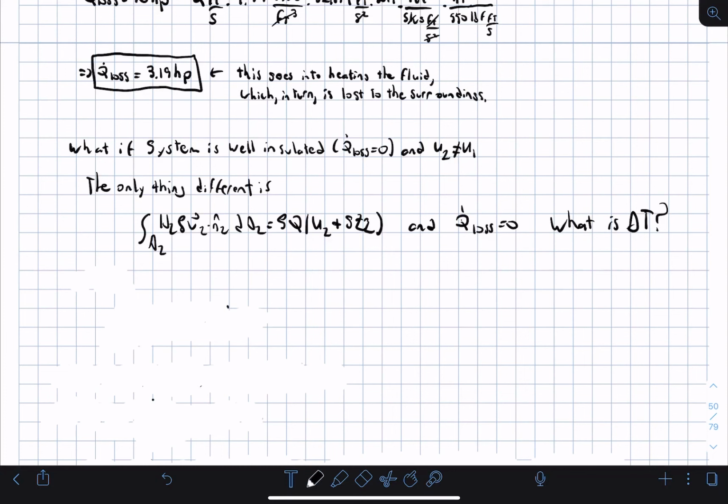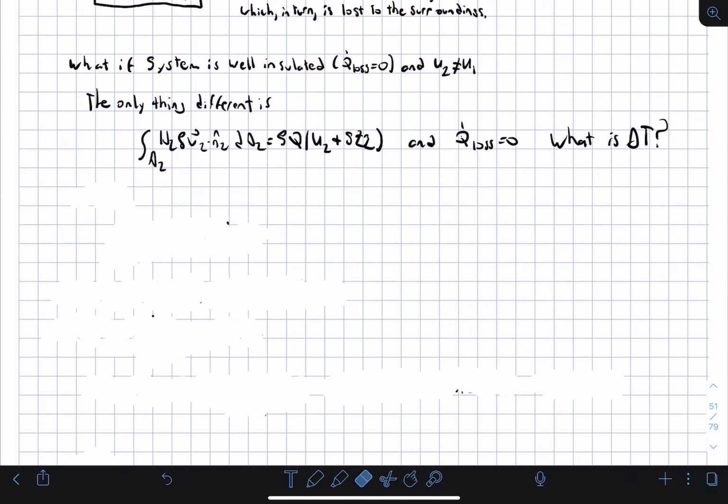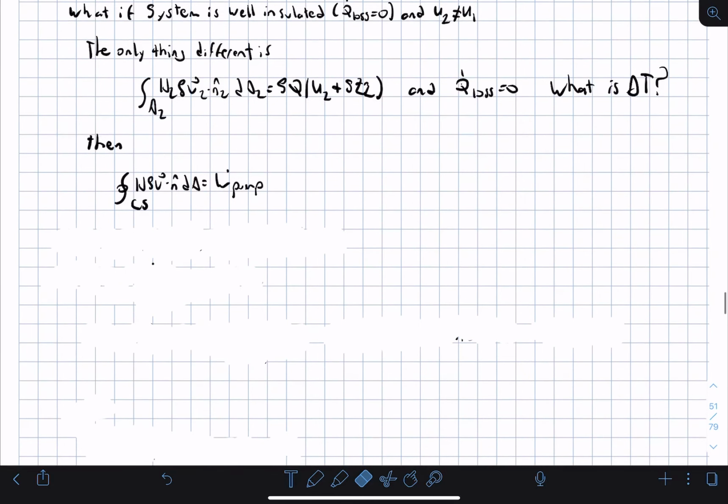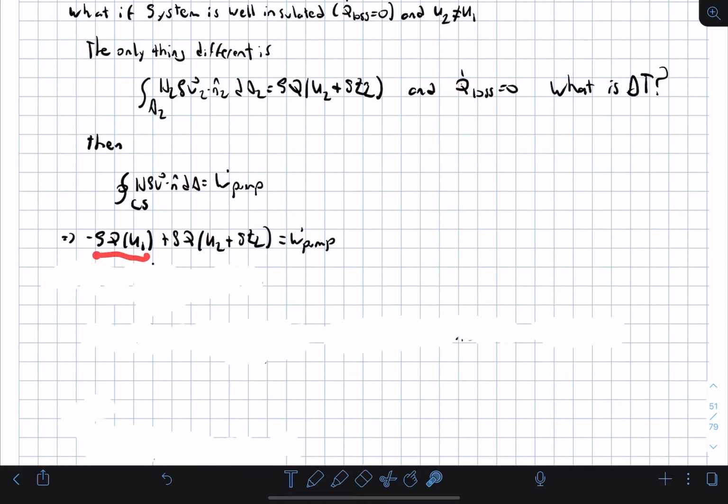Okay, so if you go through the analysis, you'll have the surface integral, which is equal to the amount of pumping work. Now we work with this almost like you did in thermo. I'm going to skip the details, but the integral over area 1 is no different.